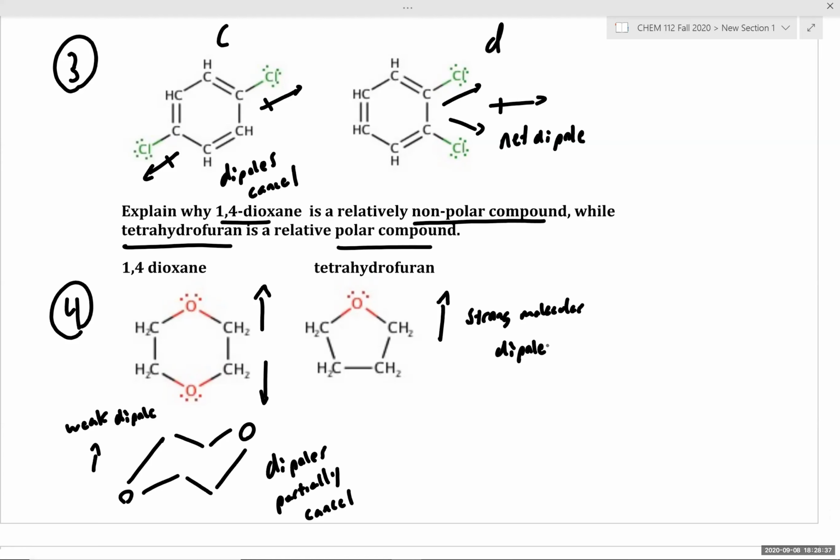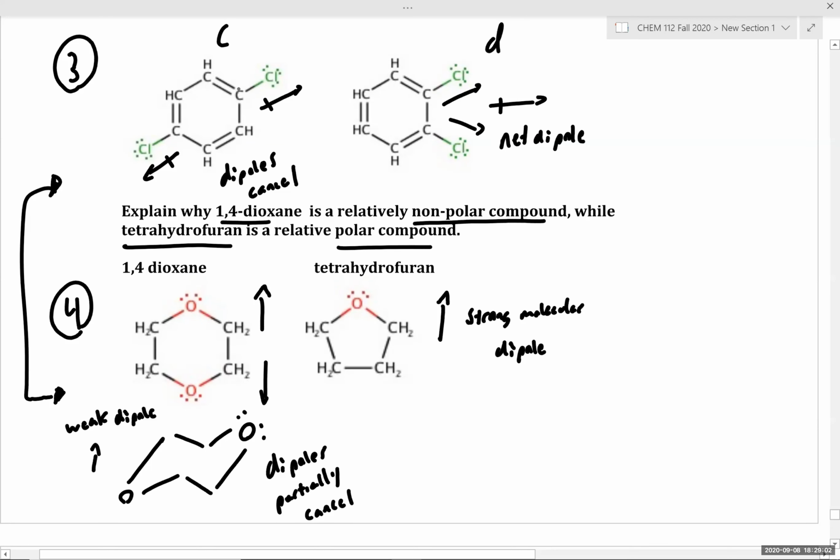And the reason why I like this example is it also highlights a difference between flat and sp3 hybridized molecules. Because 1,4-dioxane has some 3-dimensional shape, it's not just flat, the dipoles don't completely cancel. So 1,4-dioxane is very slightly polar.